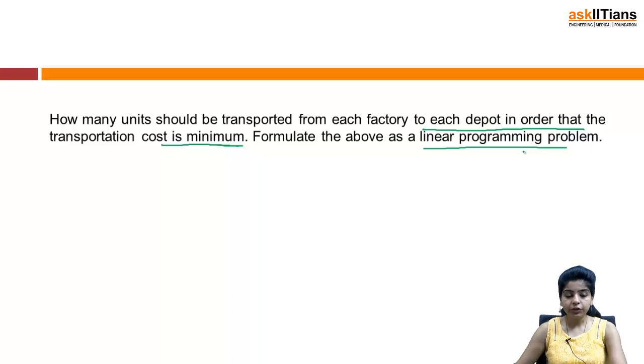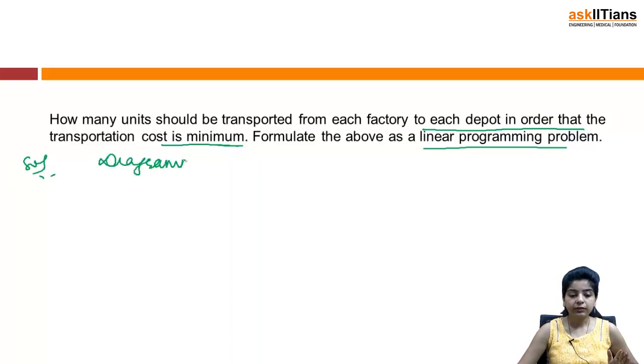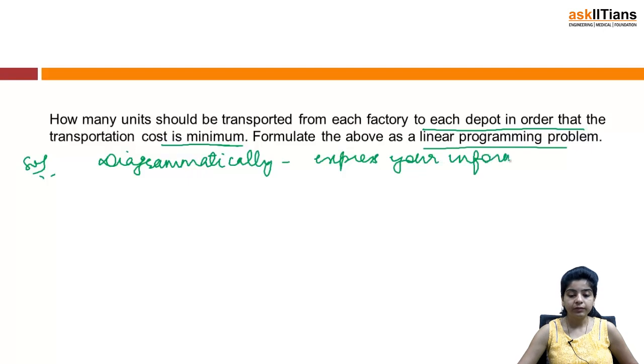So in transportation problems, how you are going to proceed is, you can just express your information diagrammatically, as we have been doing in the form of a table. The first step is just express your information diagrammatically.